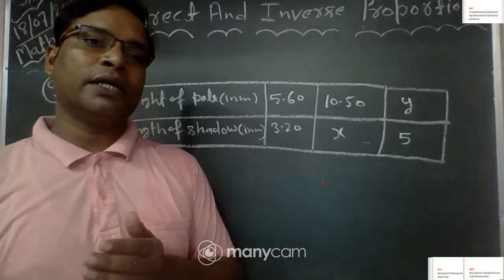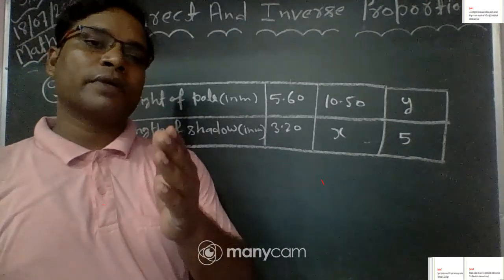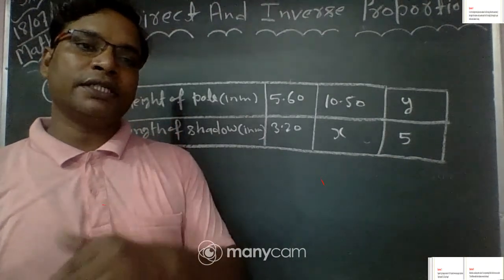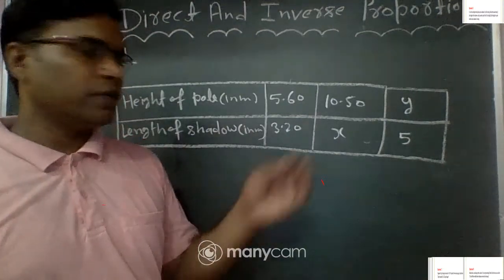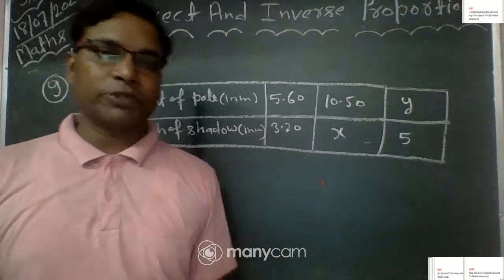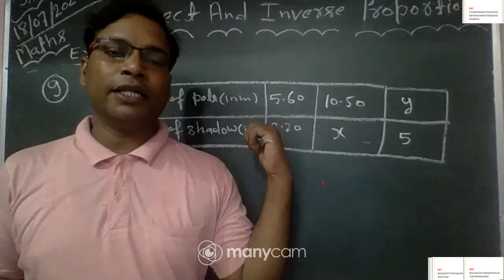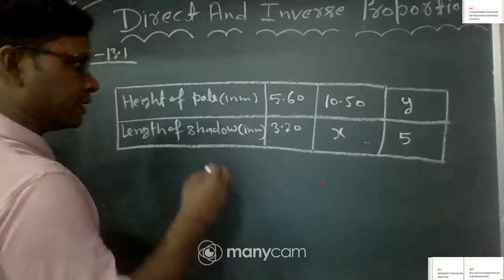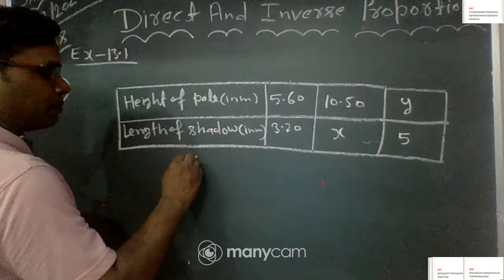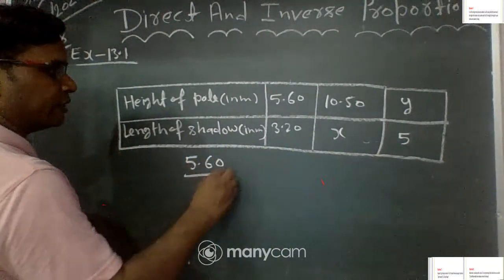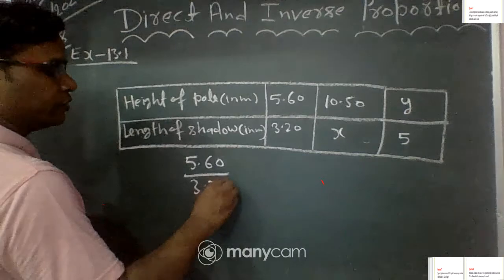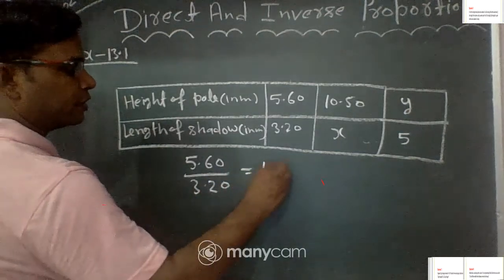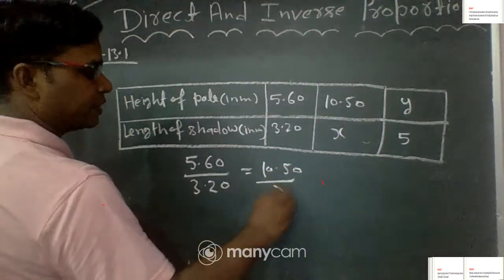If height of pole is decreased, the length of shadow is also decreased. Here height of pole and the length of shadow are in direct proportion. So you can write it like this: 5.60 by 3.20 is equal to 10.50 by x.